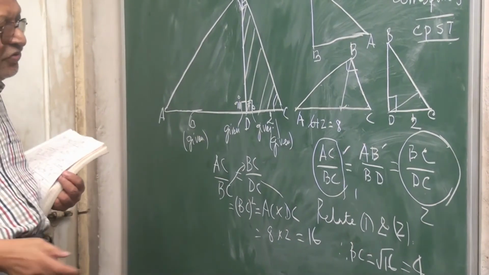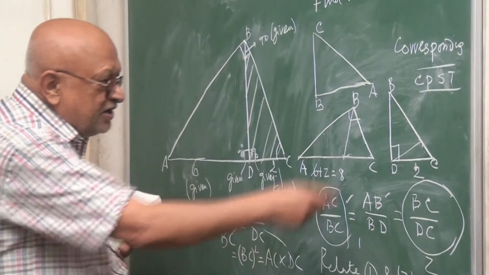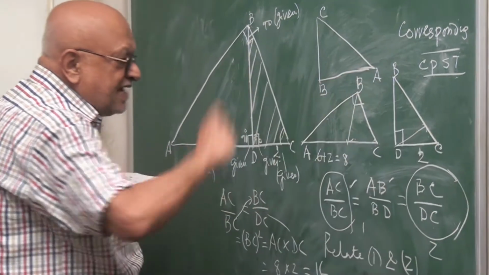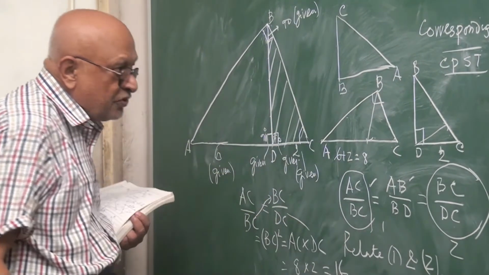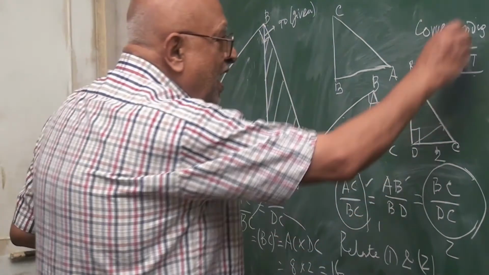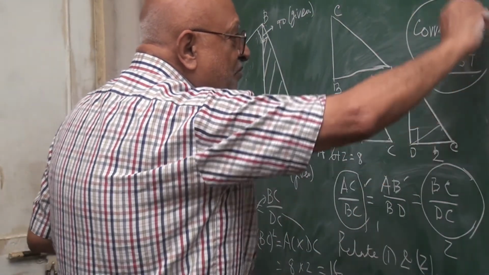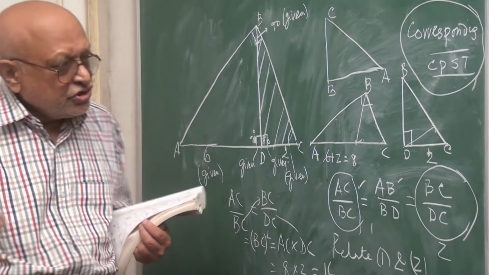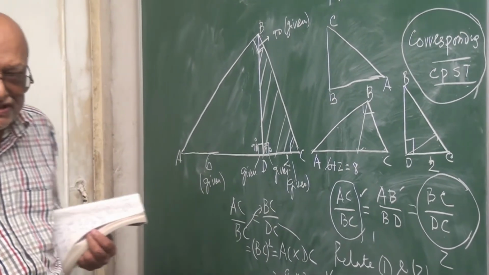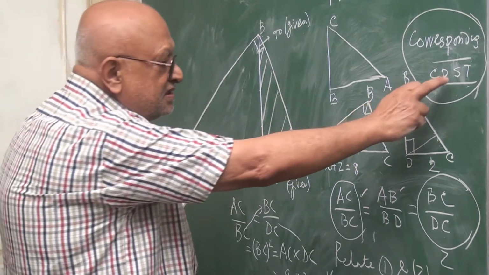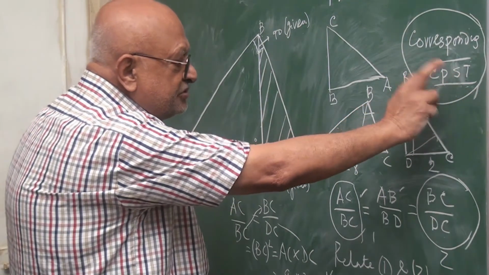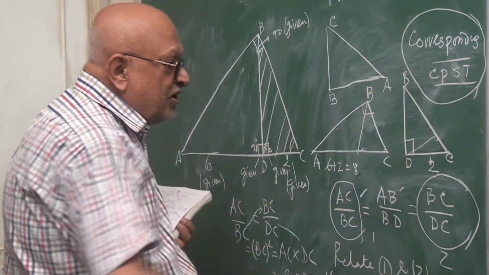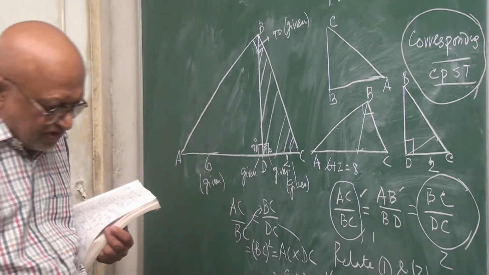You can flip it over, or you can do opposite angles and then find out the corresponding. This corresponding parts is very important. Please pay attention from now on, because this corresponding parts is on similar triangles. Then this should be congruent triangles when we go for congruency of triangles.